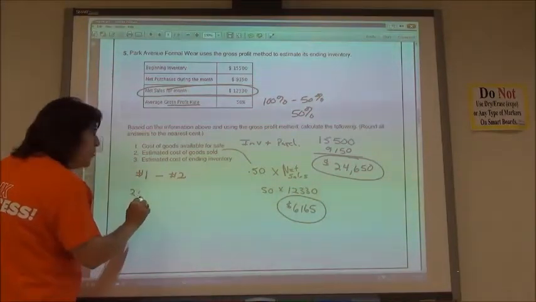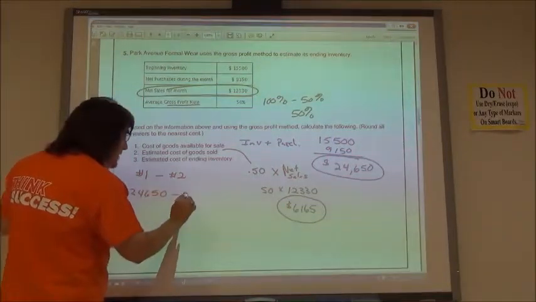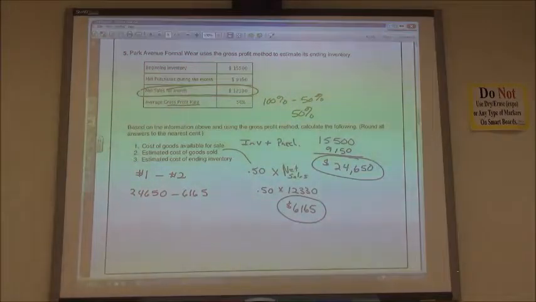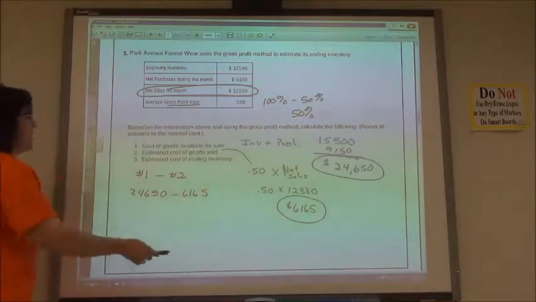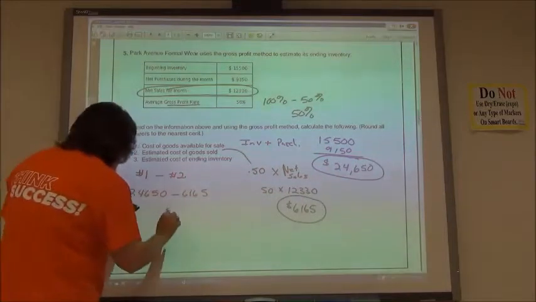And so $24,650 was the cost available for sale. $6,165 was the cost of our goods sold. So to find my value of my inventory, I'm just going to subtract $24,650 minus $6,165. Gives me $18,485.